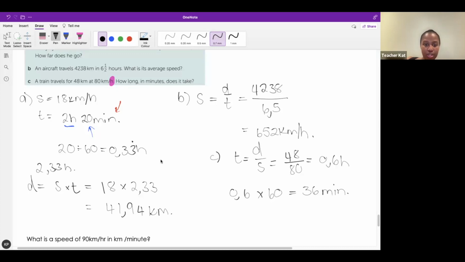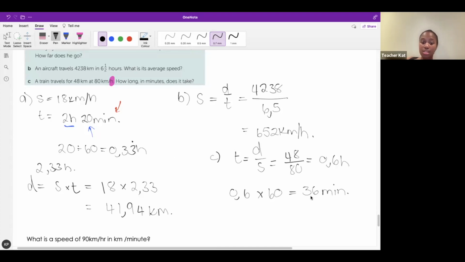Ma'am, how does a train go at 80 kilometers an hour? That is the speed, Arian. So you know when you're driving and you read the speedometer on your mom's or your dad's car, it tells you how fast you were going. So this person has obviously not been going for an hour yet. That's why it's less than 80 kilometers.